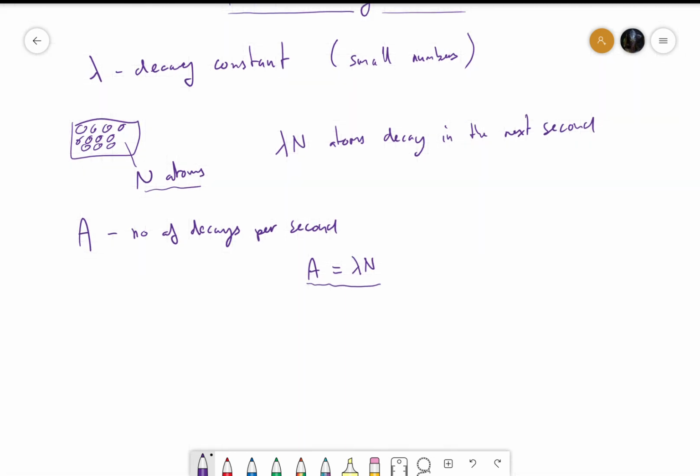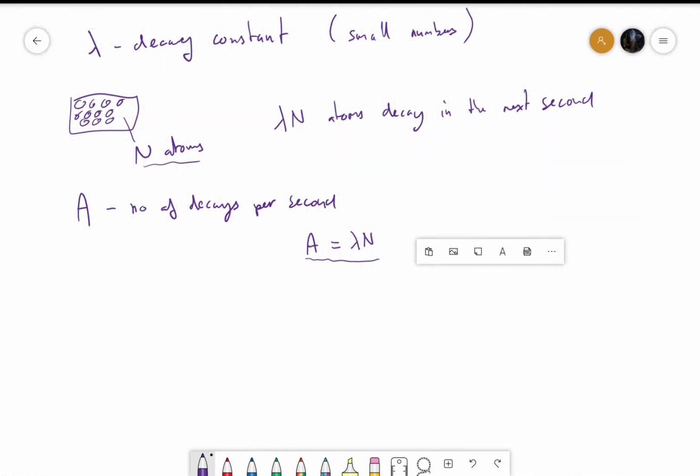If we want to write some sort of equation for that, we can say that the rate of change of the number of atoms in the sample, dN by dt, must be equal in size to the activity, to the number of decays per second, A. And we can say one more thing, that dN by dt is negative.